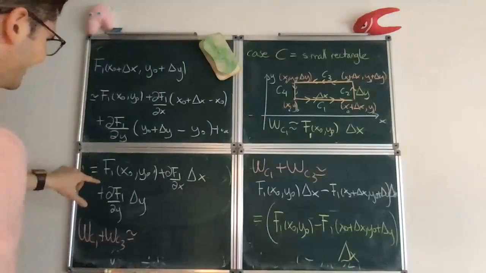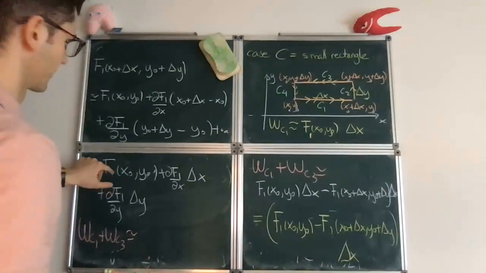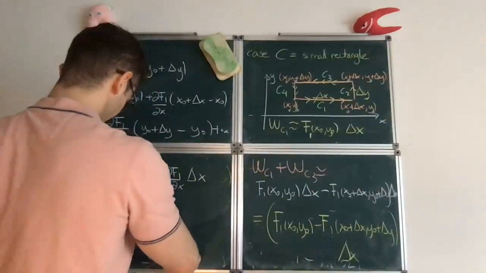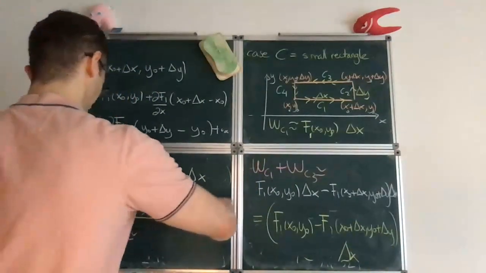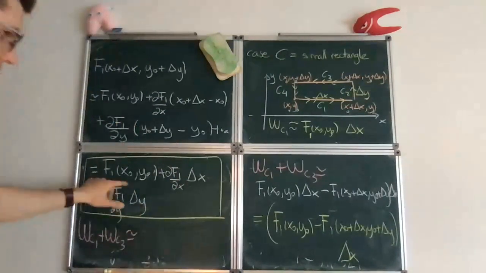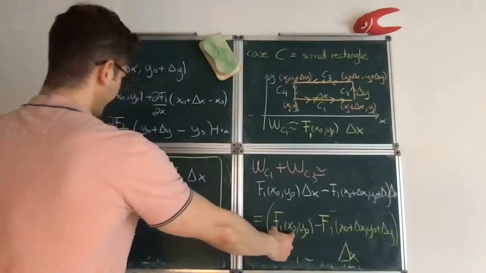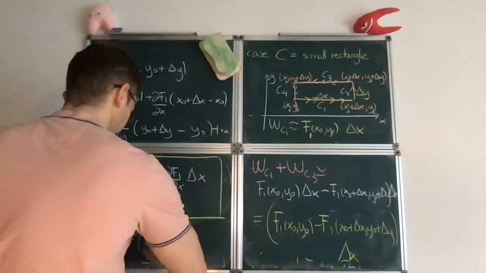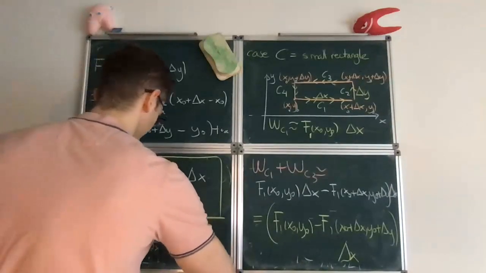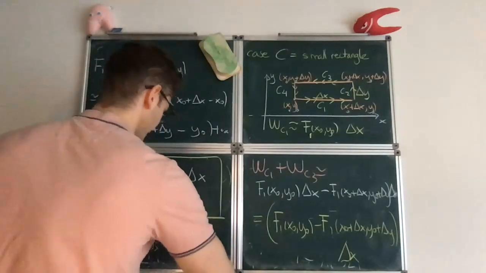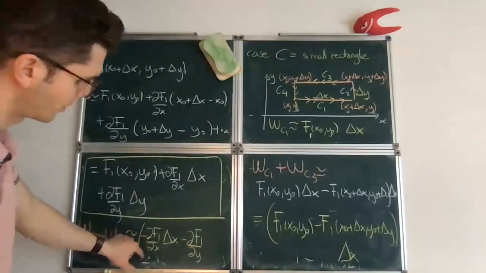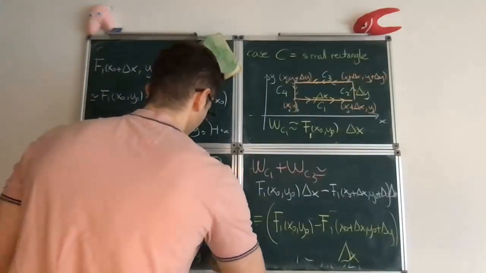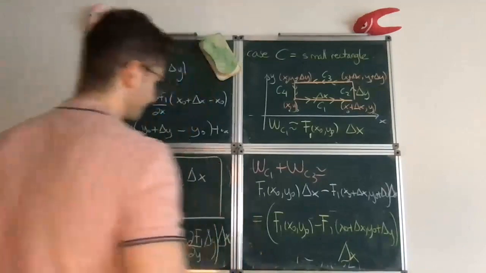So when you replace F1 with this expression that we just got, notice that this term is cancelled by that term, and so you get minus the derivative of F1 with respect to x times delta x minus the derivative of F1 with respect to y times delta y, and all of this was multiplied by delta x.